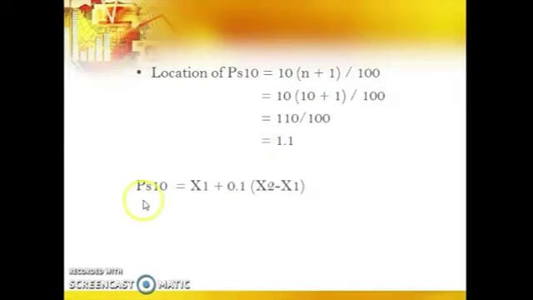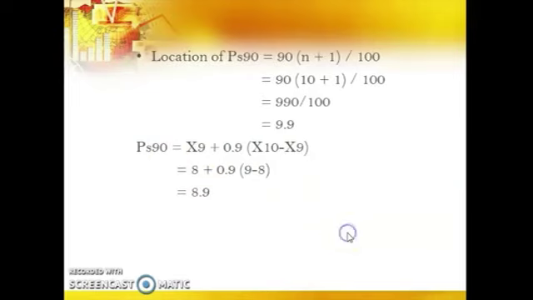So we get percentile 10 equals x1 plus 0.1 times (x2 minus x1). We know x1 and x2 from the data: x1 is 3 and x2 is 4. So the percentile 10 is 3.1. Once more, 3.1. In the same way, we get percentile 90 is 8.9.